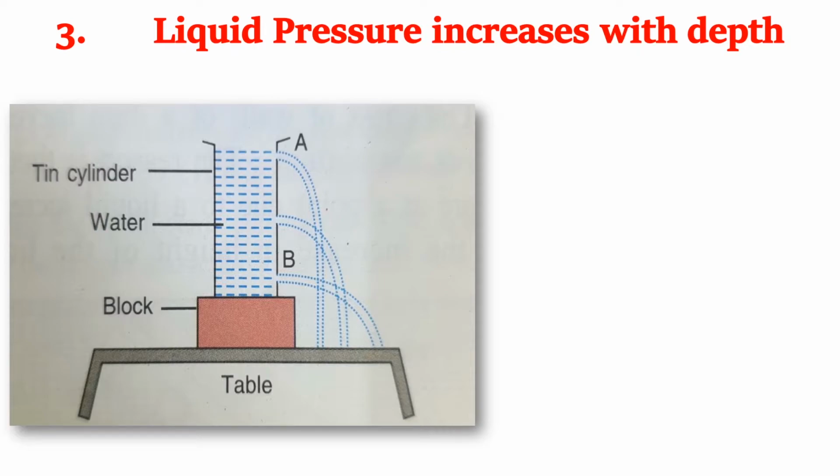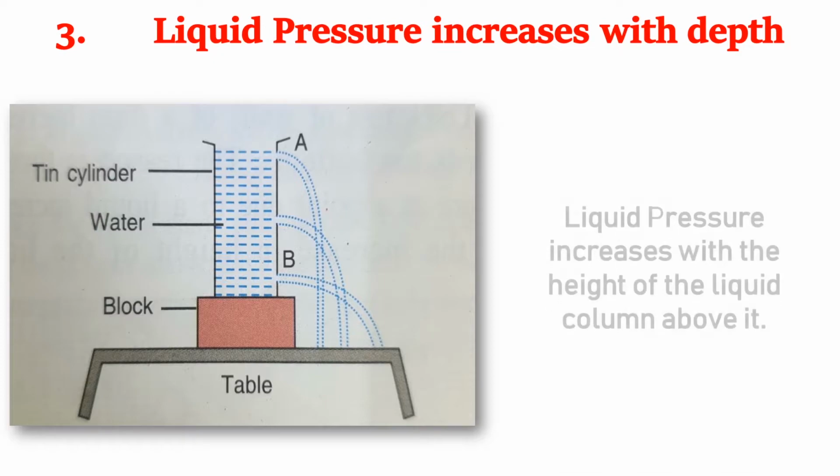Next, we will place the cylinder on a block kept on a table. Fill the cylinder with water. Remove the adhesive tape from the holes. What will you notice? You will notice that the water coming out from the upper hole A falls near the cylinder, and the water coming out from the lower hole B falls farther from the cylinder.